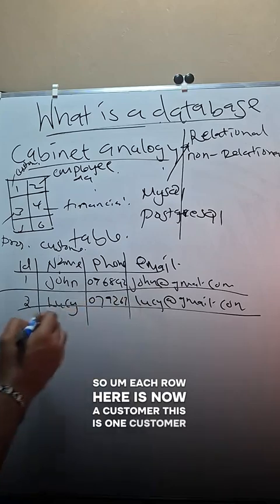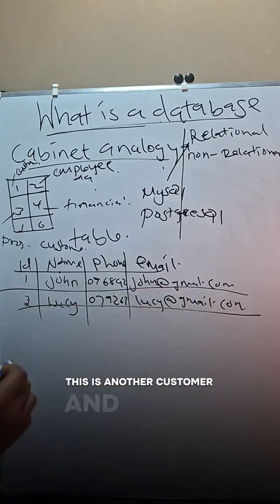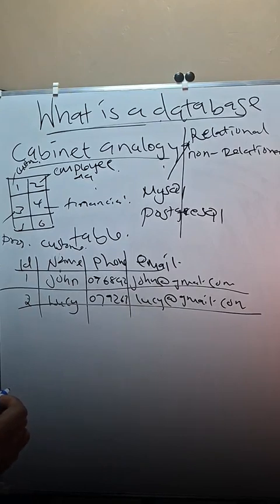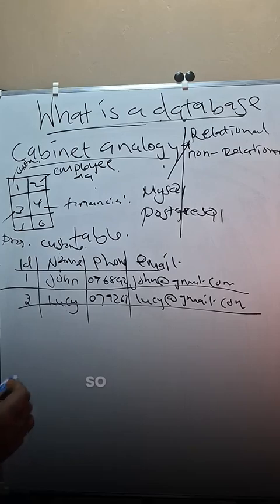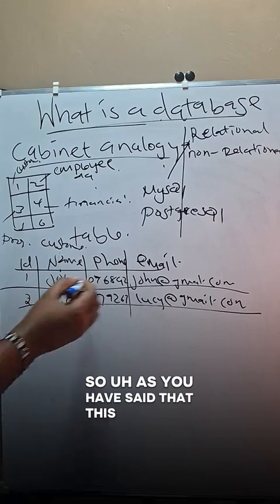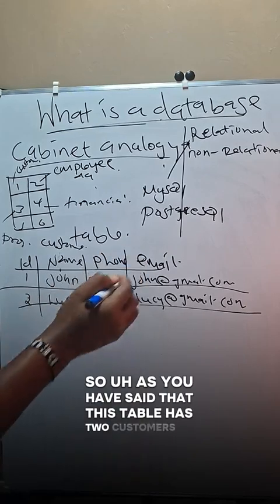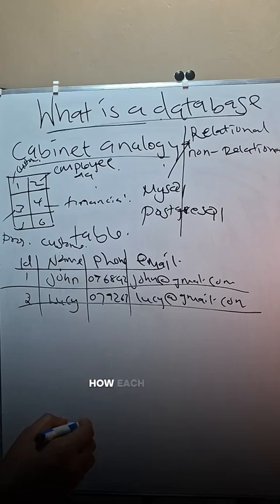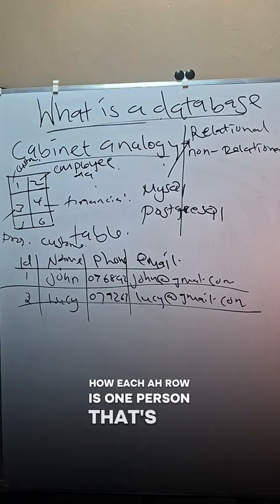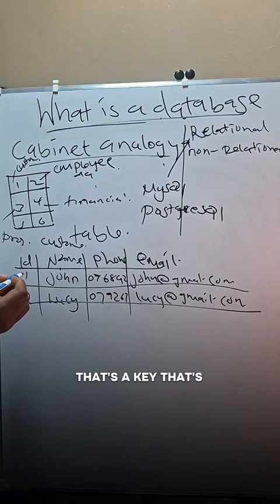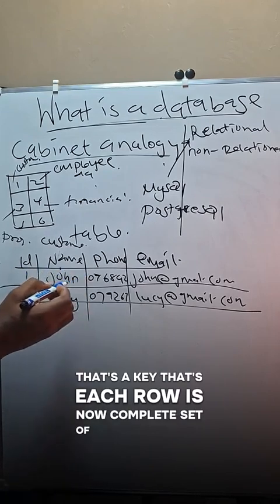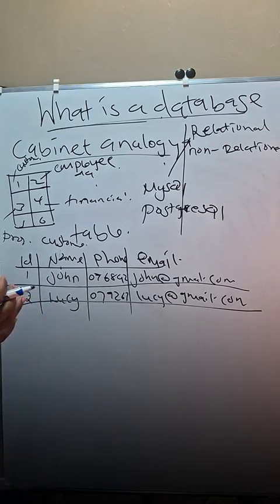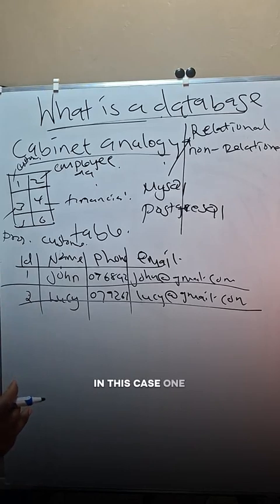This is one customer, this is another customer, and each is one complete record. See how each row is one person. That's key: each row is a complete set of information about one thing, in this case, one customer.